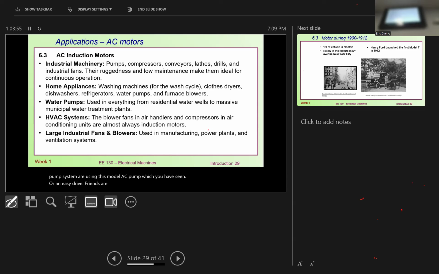Many home appliances, like washing machines and dishwashers, and most moving parts use this AC motor. Water pump AC systems and large industrial plants use this too. So at least 40%, and some may be even higher, up to 50 or 60% of the market share.